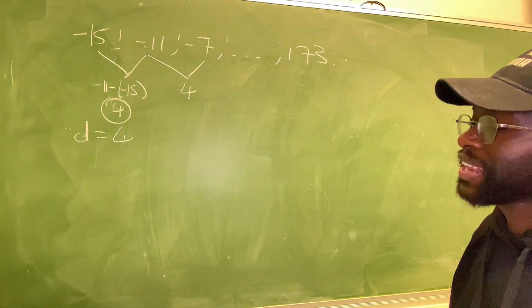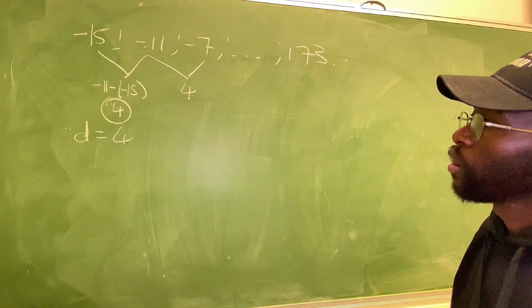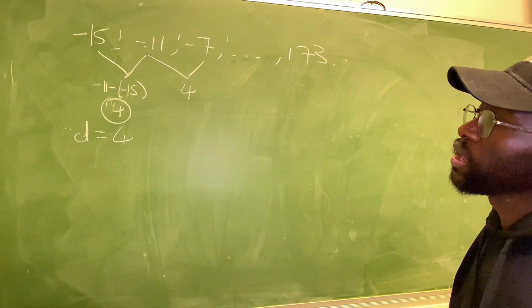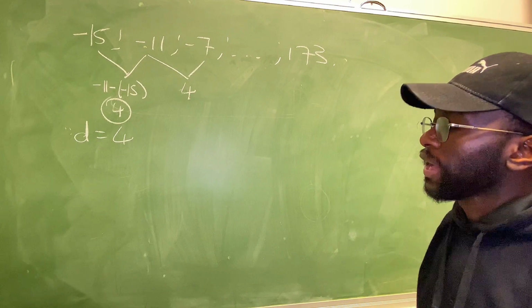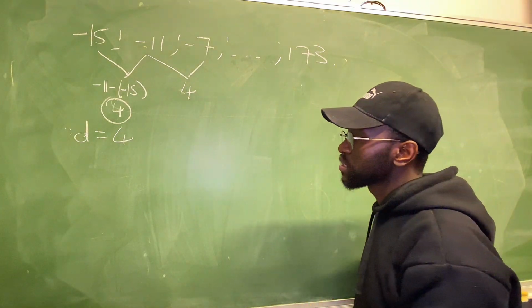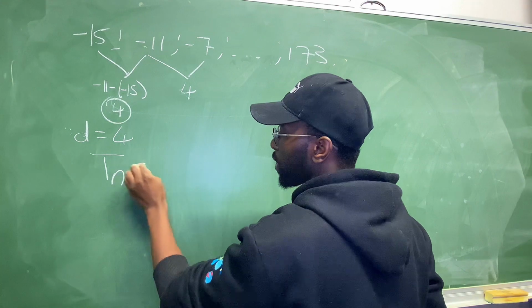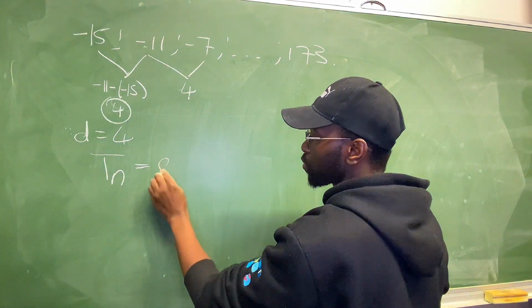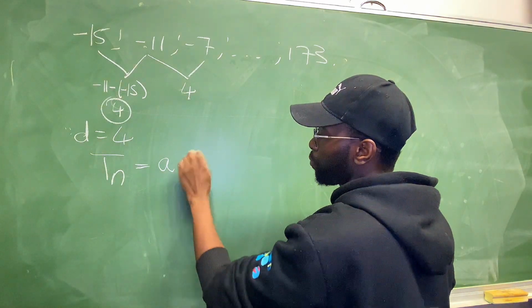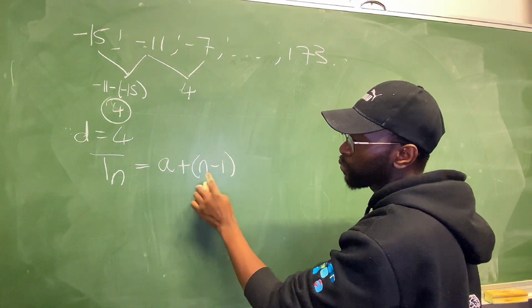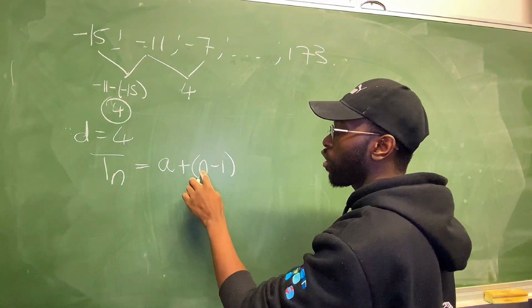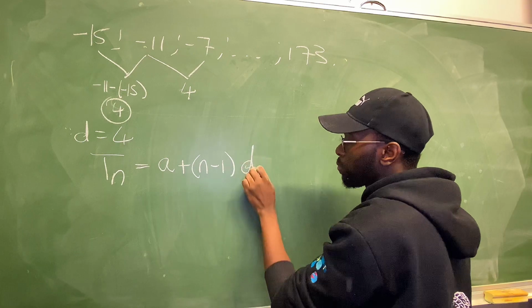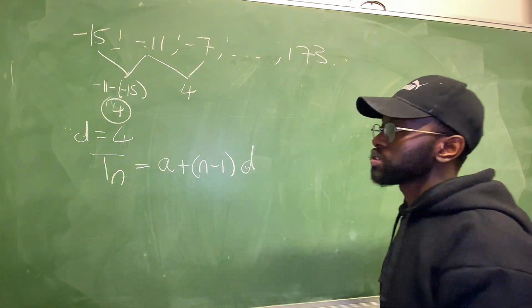Now, another thing they could ask you is determine the general formula for this sequence. Remember, for arithmetic sequences, to find the general formula, it is Tn, the nth term, equal to A, the first term, plus n minus 1, which is the position of the term you selected, minus 1, multiplied by the common difference.